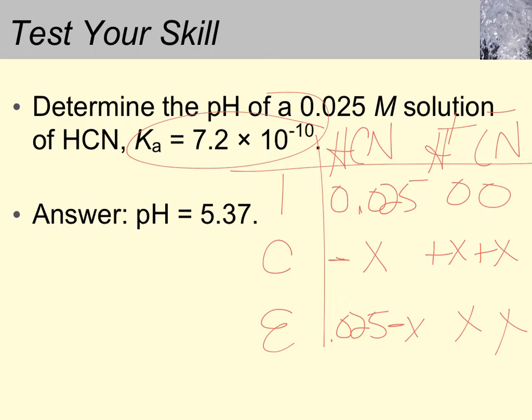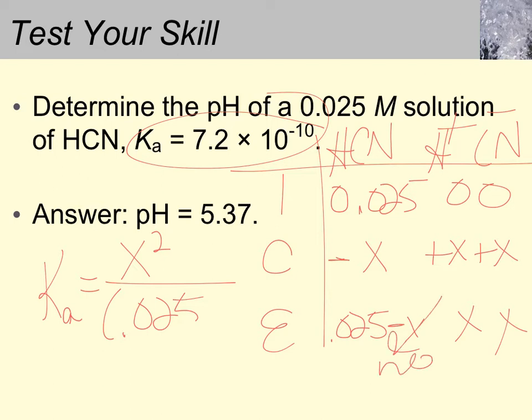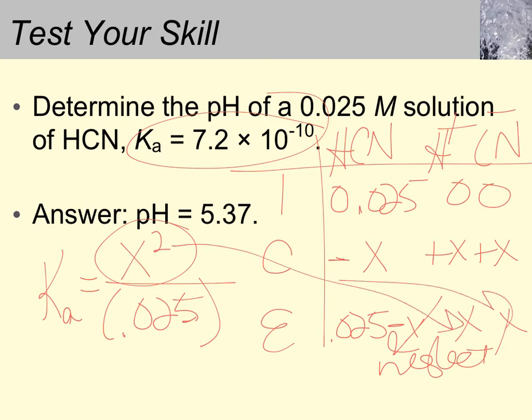So we can neglect x, so we're going to plug back into the expression for Ka, x squared on top, 0.025. We're going to go ahead and say it's safe to neglect that x because K is so small. And when you solve for x, which represents the concentration of hydronium ion and the concentration of the conjugate base, we're going to get x squared first.